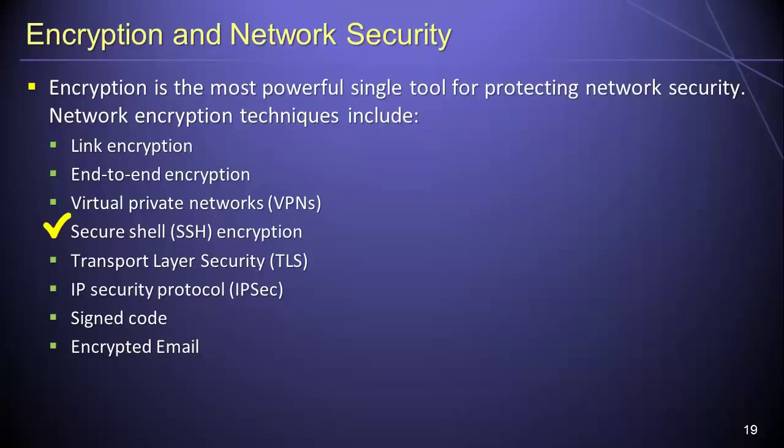In the context of Internet technologies, Transport Layer Security, or TLS, and its predecessor, Secure Sockets Layer, or SSL, can be used to provide server and client authentication and to allow for an encrypted communications channel to be established between a server and the client.